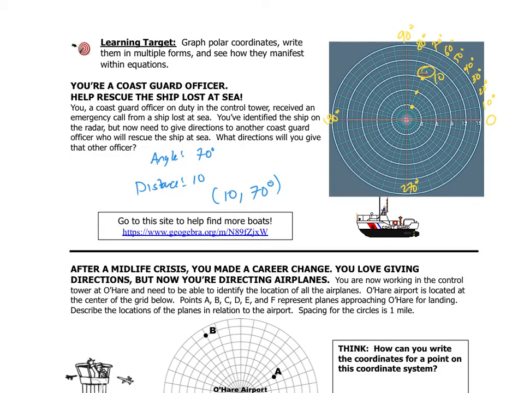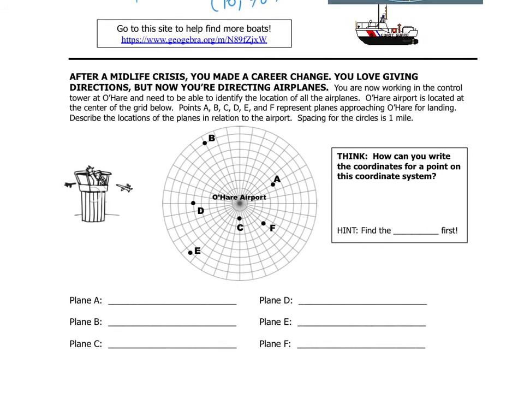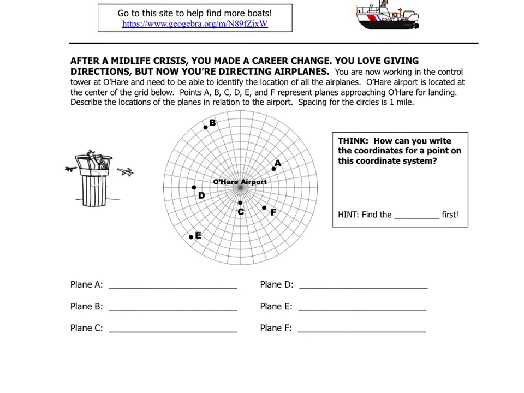Okay, the next example, it says, after a midlife crisis, you made a career change. You love giving directions, but now you're directing airplanes. You are now working in the control tower at O'Hare and need to be able to identify the location of all the airplanes. It says O'Hare Airport is located at the center of the grid, and then we have points A through F that represent planes approaching O'Hare for landing, and we need to describe the locations of the planes in relation to the airport, which is at the center of the grid.